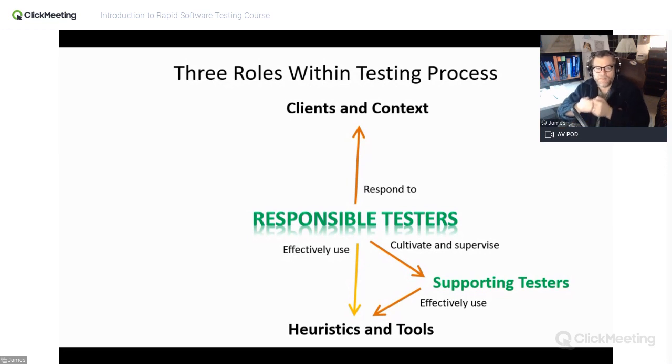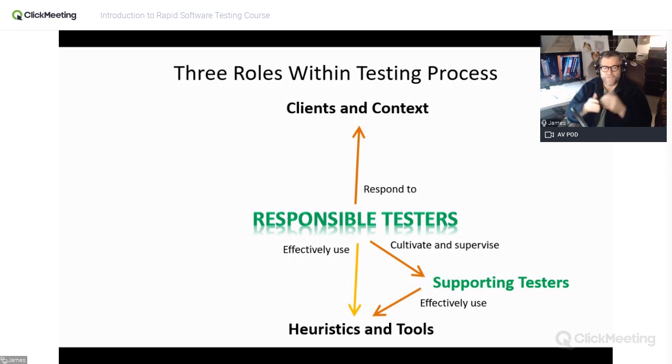If your relationship to the work is that you are helping someone do what they think is right, and you are not second guessing that strategy, you're following that strategy, then you're a supporting tester. If you are entirely responsible for that strategy, then you are a responsible tester.